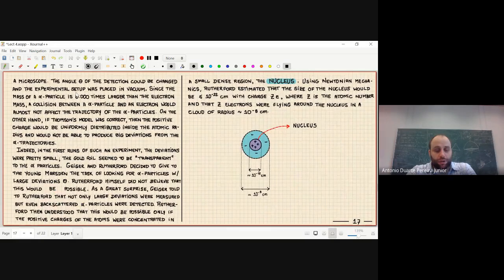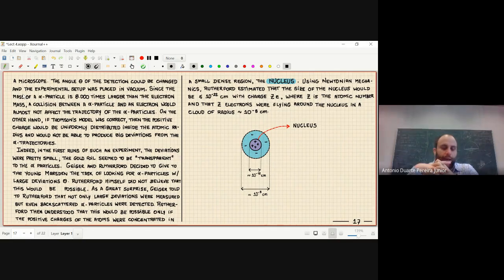But of course, there is something that has to be considered, which is the following. The mass of these alpha particles that we are sending is much bigger than the mass of electrons.